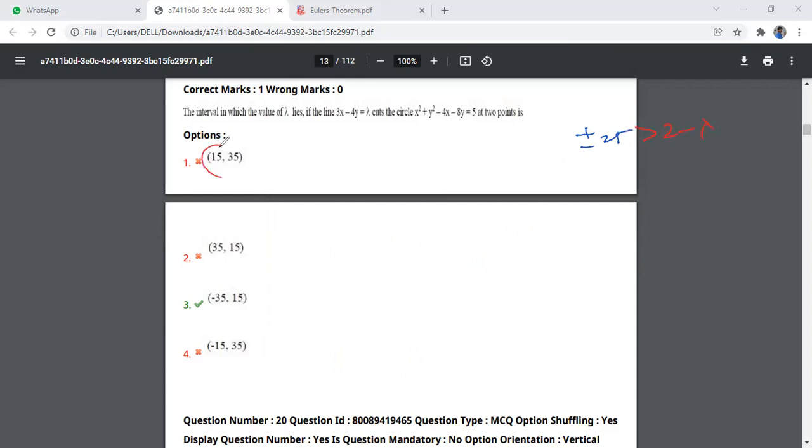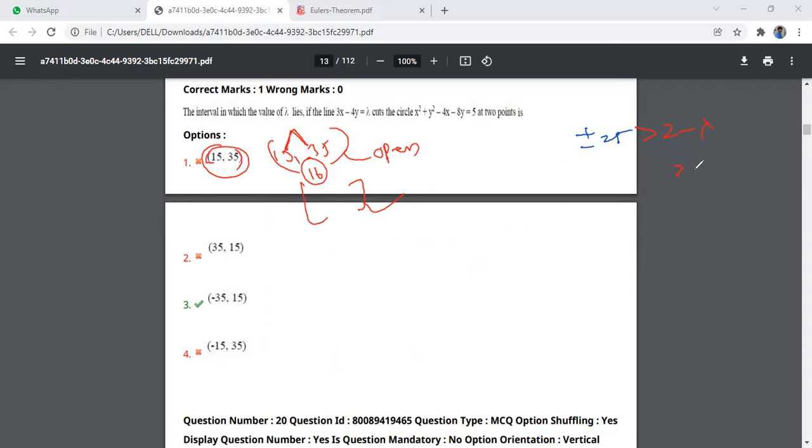Now I am taking the first option. Whenever they show open brackets, we are not supposed to take those values, 15 and 35. If these were closed brackets, those values also we would have to take. So here 15 and 35 we are not supposed to take, but the in-between values we have to take. I'm taking 16 and substituting here.